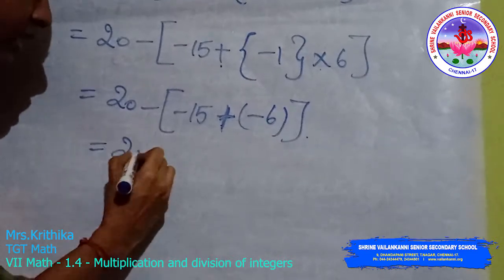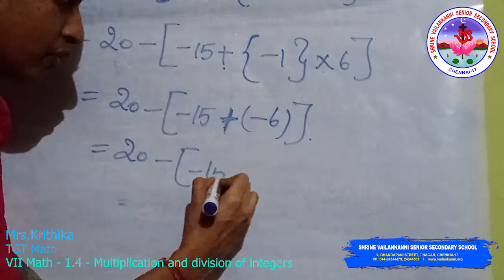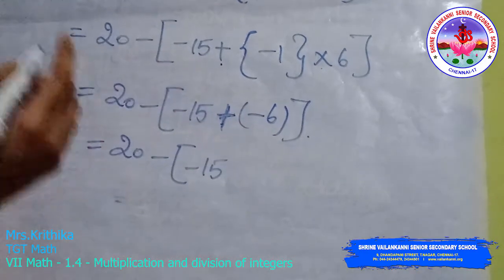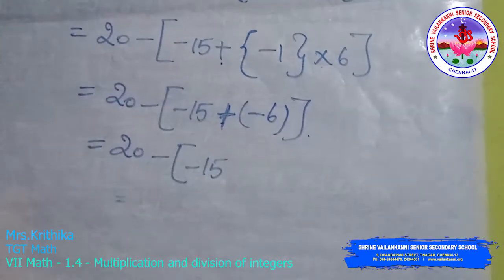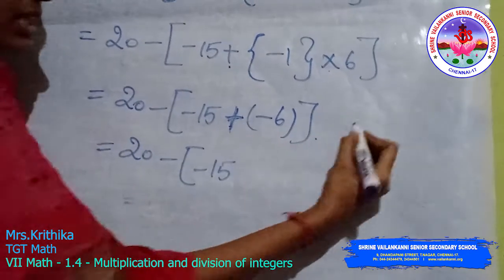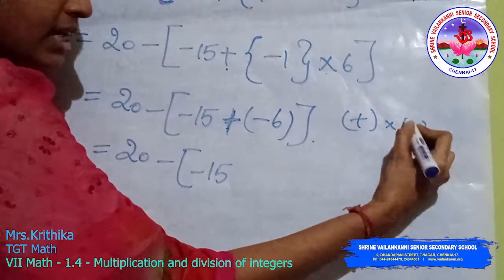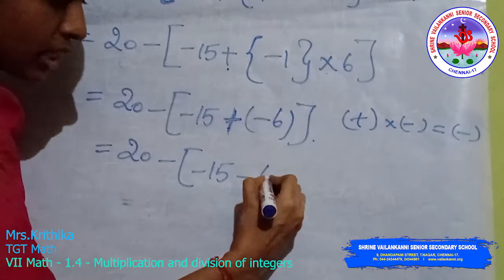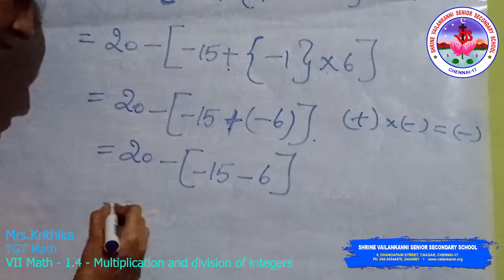Next step, 20 minus of minus 15. Here two operations are together, so you write one sign. Plus into minus, the answer is minus. So you put a negative sign, negative 6.